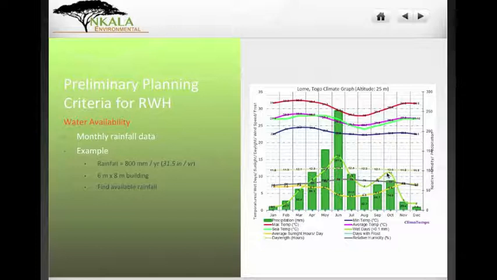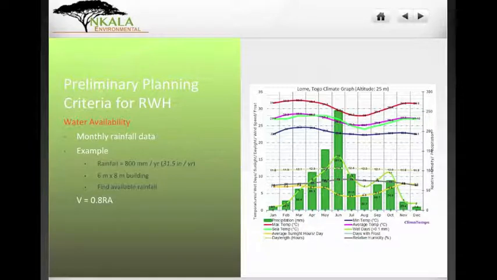So let's look at an example. Let's say we're in a particular region where we get 800 millimeters of rain a year, which is about 31.5 inches a year. And we're trying to collect rainwater from a building that has a footprint of 6 meters by 8 meters. We want to know how much rainfall we can collect. This is a calculation that was introduced in the previous session, so we're just doing a review here.